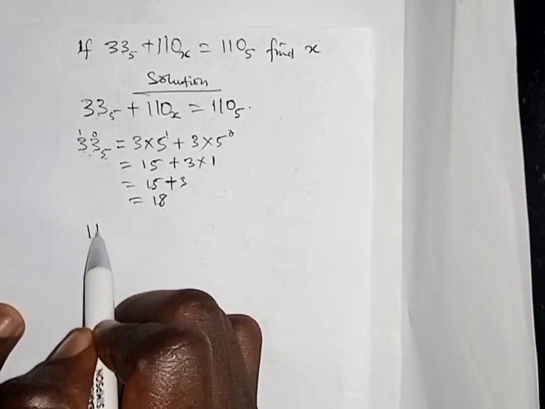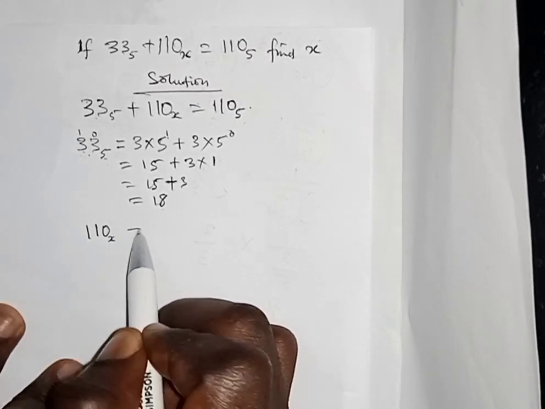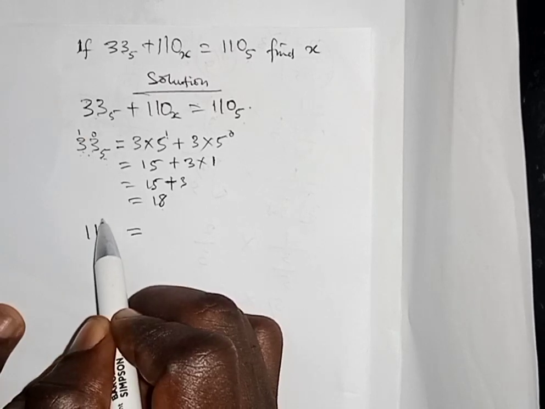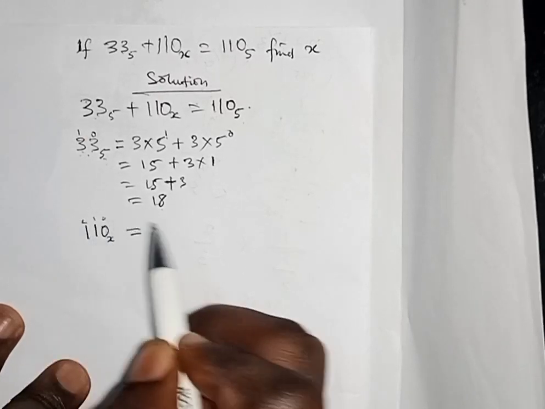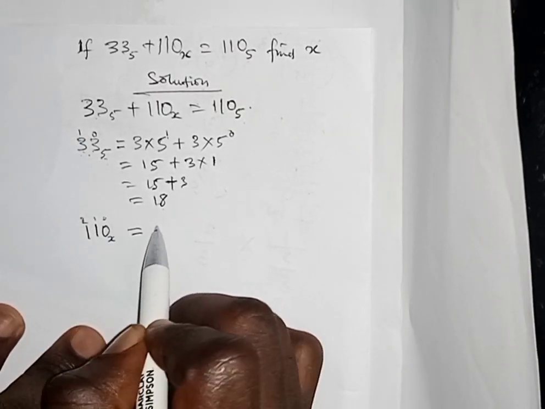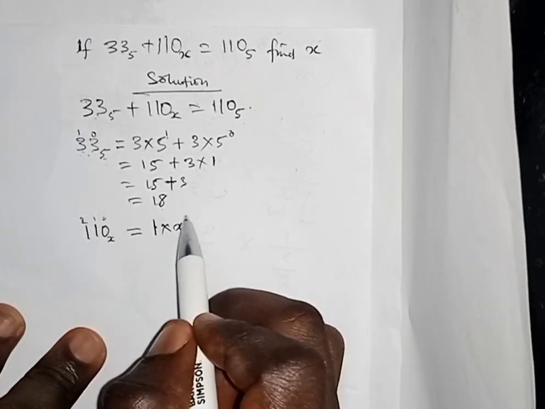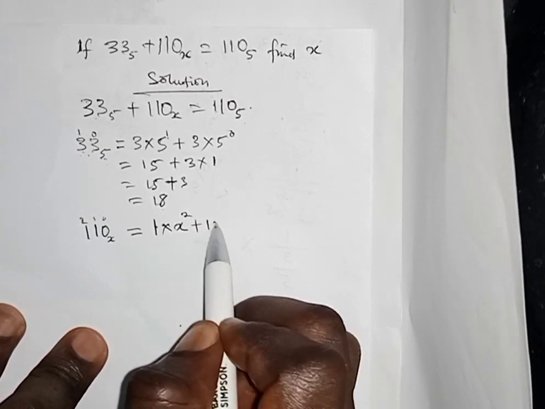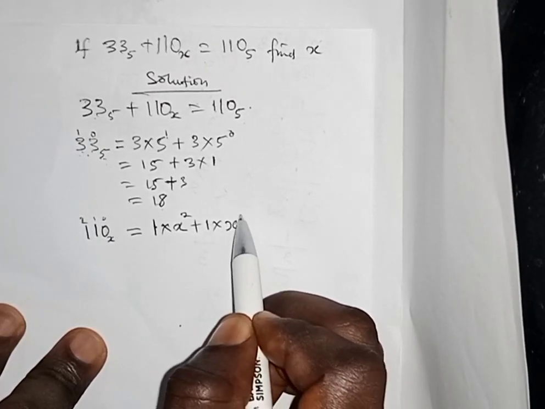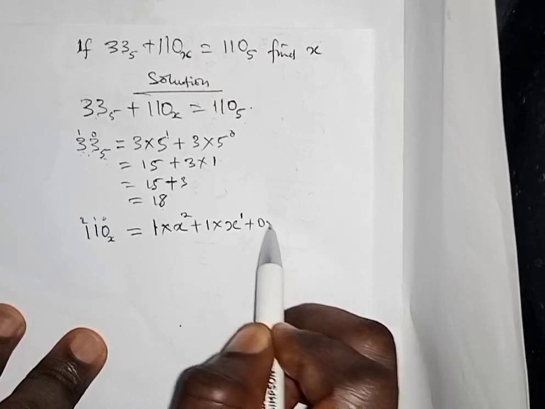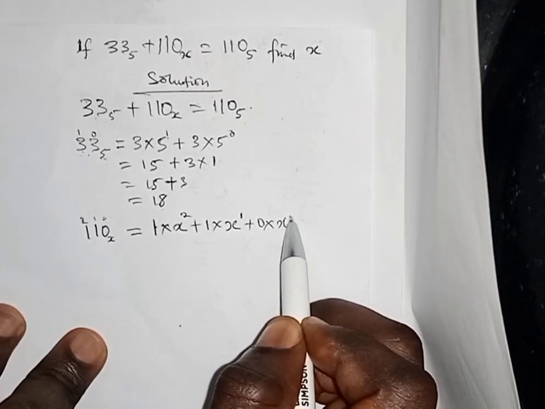Okay, so let me convert 110 base x to base 10. I number the positions 0, 1, 2. This gives me 1 times x raised to power 2 plus 1 times x raised to power 1 plus 0 times x raised to power 0.